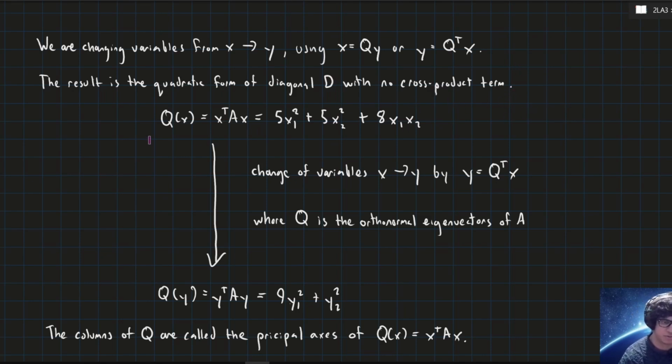We started with this, we did this change of variables using this equation, and then we got a quadratic form in a different set of variables that has no cross product term in it. The terminology for this is that the columns of Q, which are the orthonormal eigenvectors of A, are the principal axes of the quadratic form.